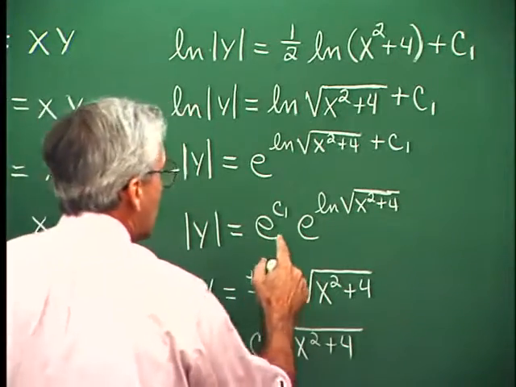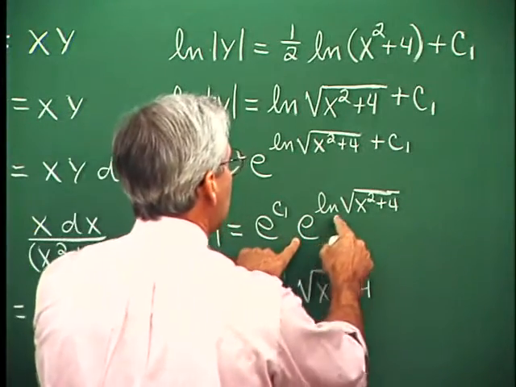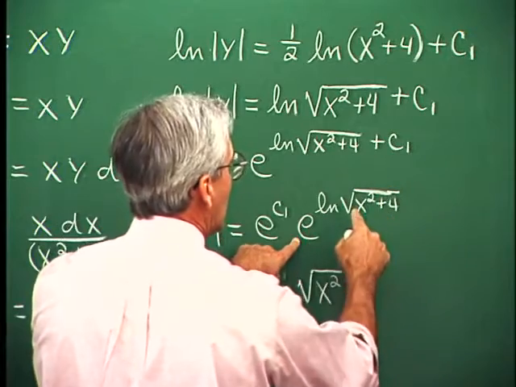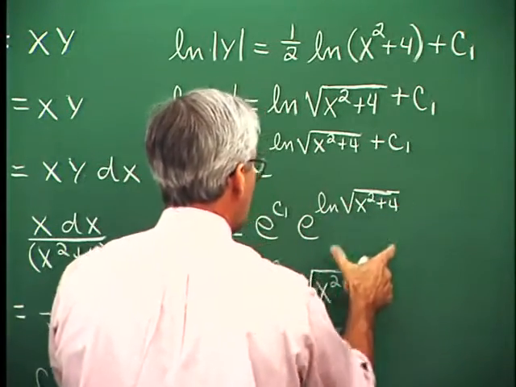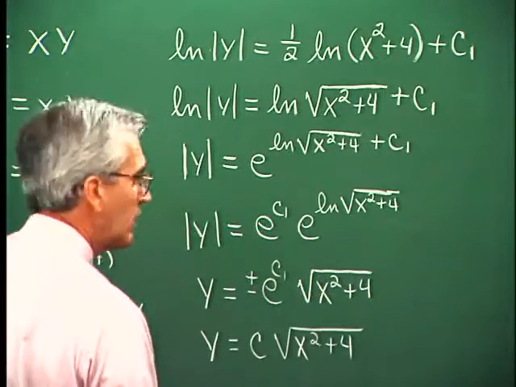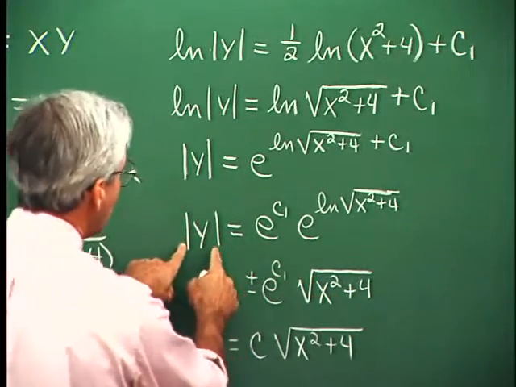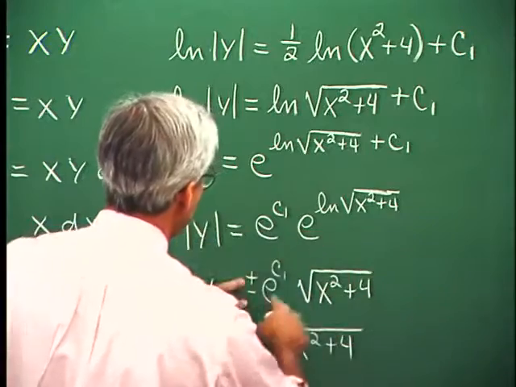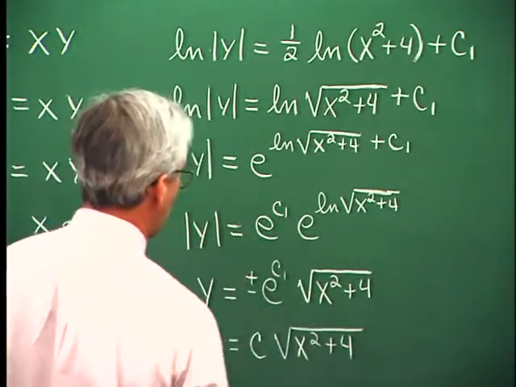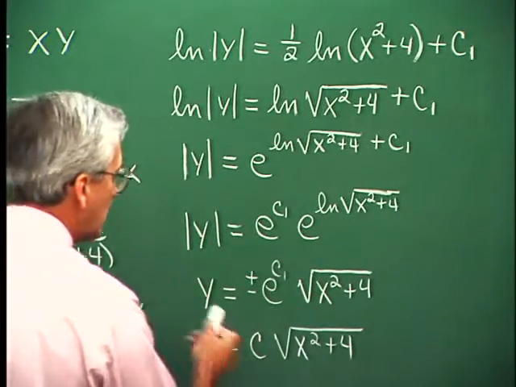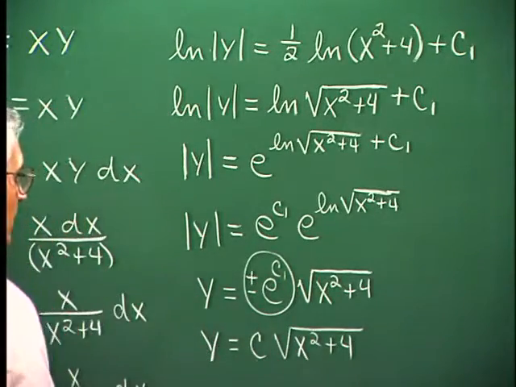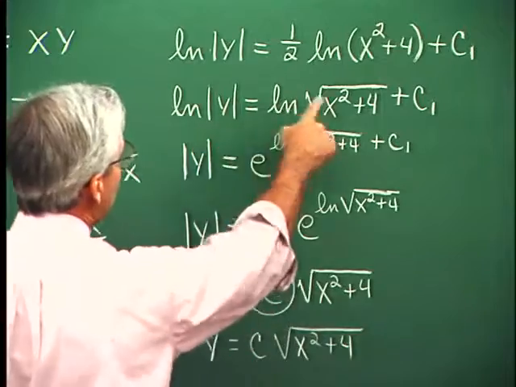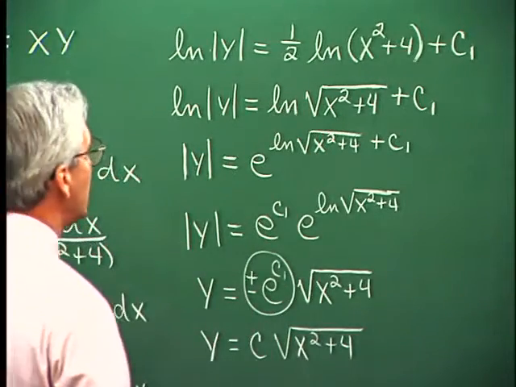And the e to the ln of some number, remember, when e and ln are right here, all this is just that number. So that's why I brought this down. Now, the absolute value is plus or minus all of this. So y is plus or minus all of this. And because of the nature of our problem, this can be thought of as simply c. So we can manipulate to this form. Now, up here I mentioned that we could continue the manipulation process.